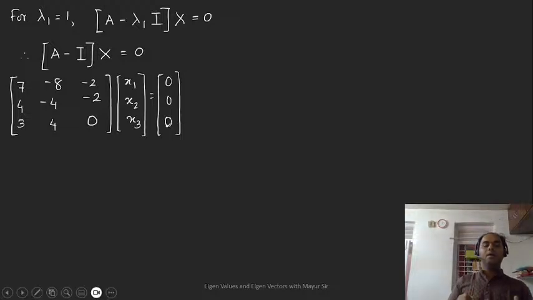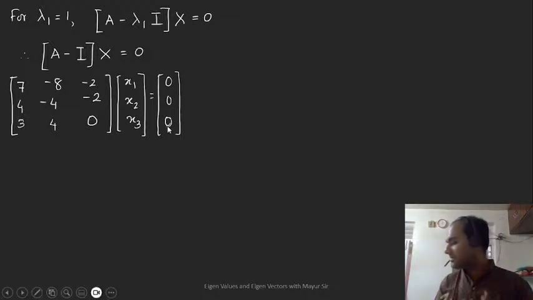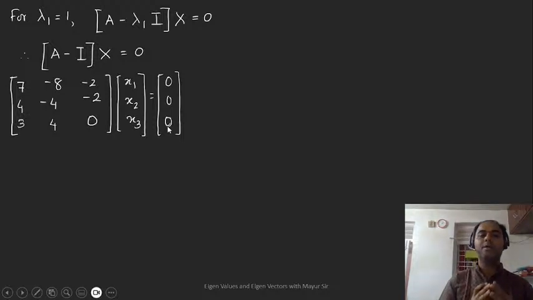Now comes a very important part to be explained. Please pay attention to this part. At this stage come two methods. One is the purely mathematical way of solving, which I am going to avoid because many children find it very difficult to handle. So I am going to take a shortcut method.